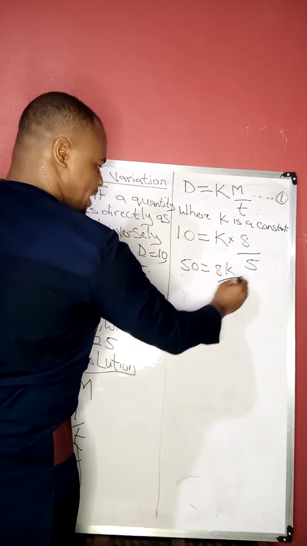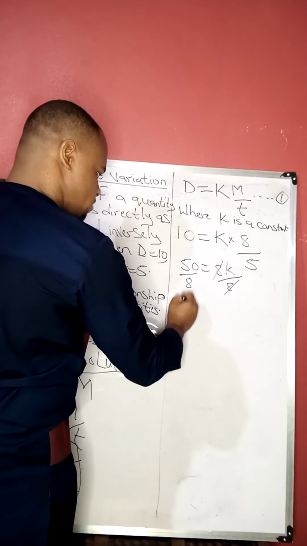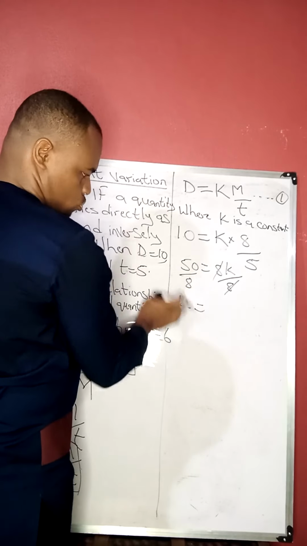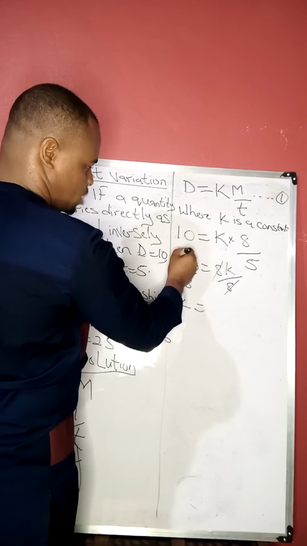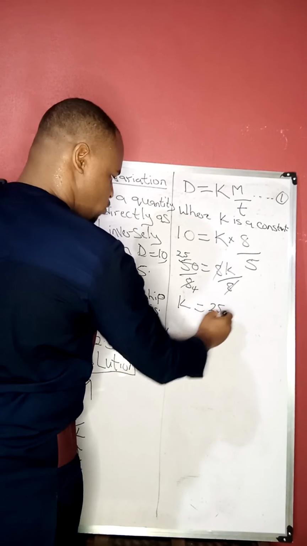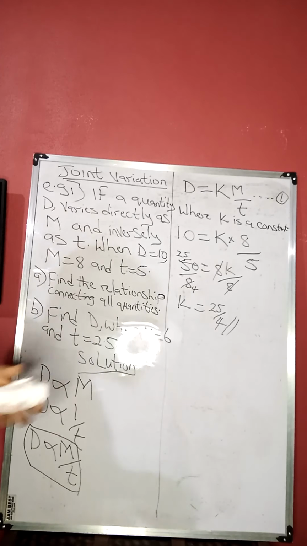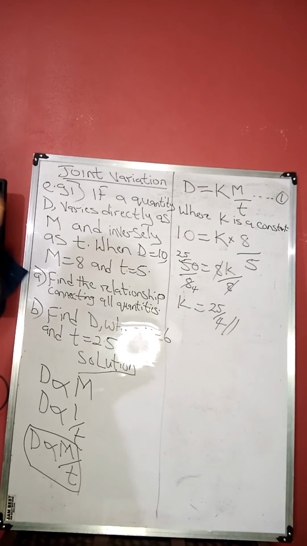I'll divide both sides by 8 to get my value of K. 8 cancels 8. So my K is equal to, 2 can go here, 25, 2 can go here, 4. So I'm having 25 over 4. Let me leave it as a fraction. Alright, I've gotten my value of K as 25 over 4.